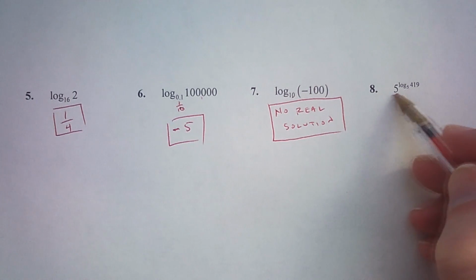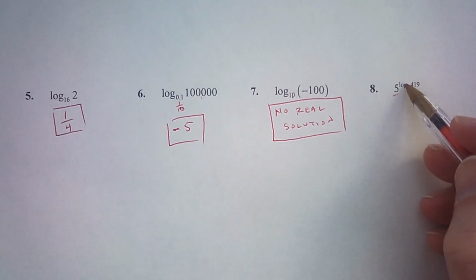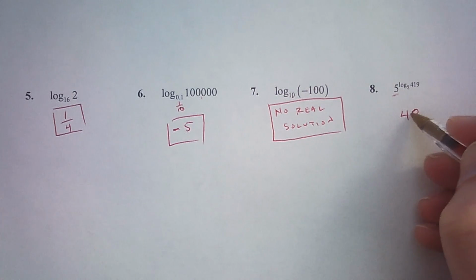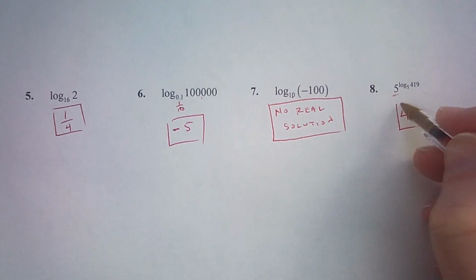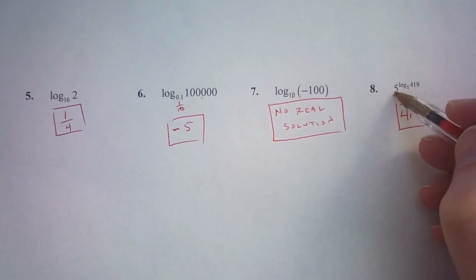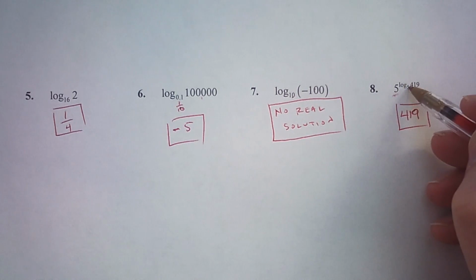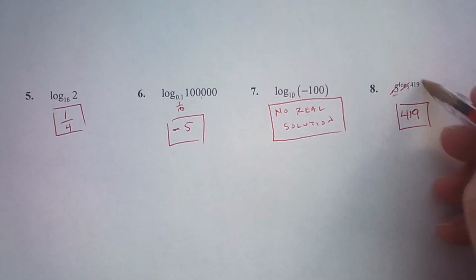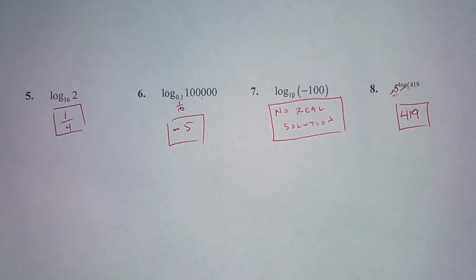But if I raised 5 to that power, I would get 419. So 5 raised to the power that raises 5 to make 419 is 419. So essentially what happens here is when we have 5 raised to log base 5, 5 and log base 5 cancel and leave me with that 419.